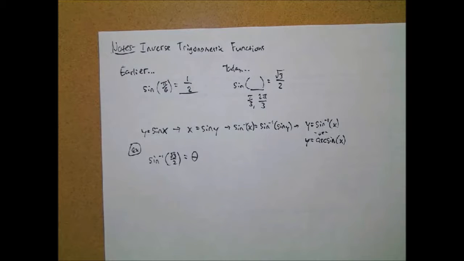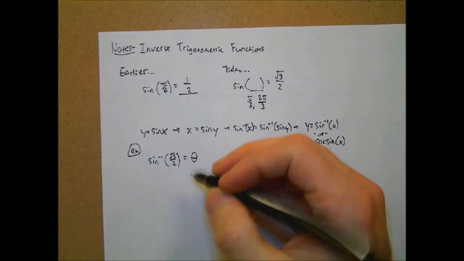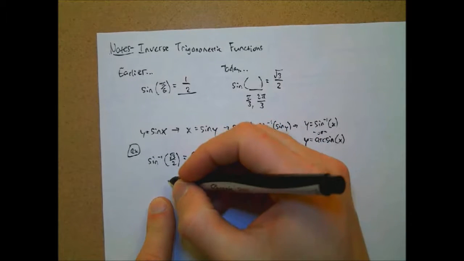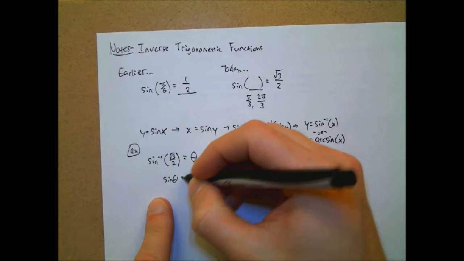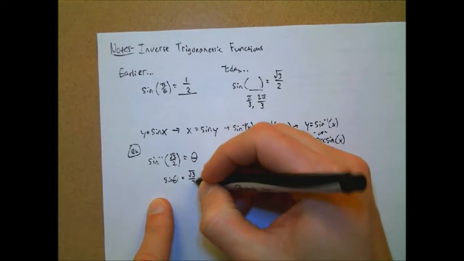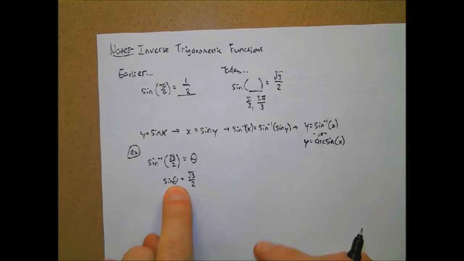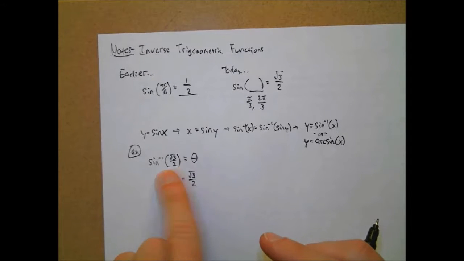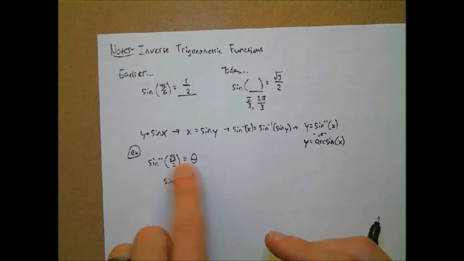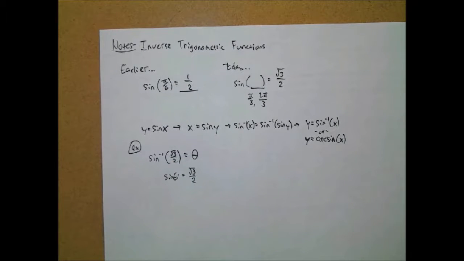If I take sine of both sides, we can see that asking what is the sine inverse of root 3 over 2 is the same as asking, sine of what angle gives you root 3 over 2. These two equations are stating the same thing.